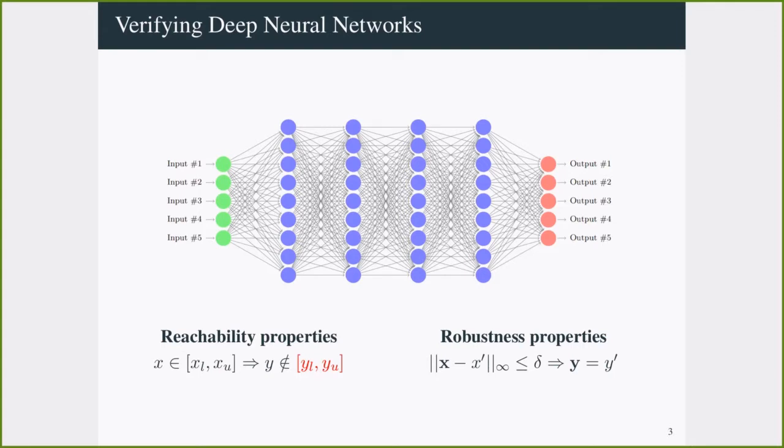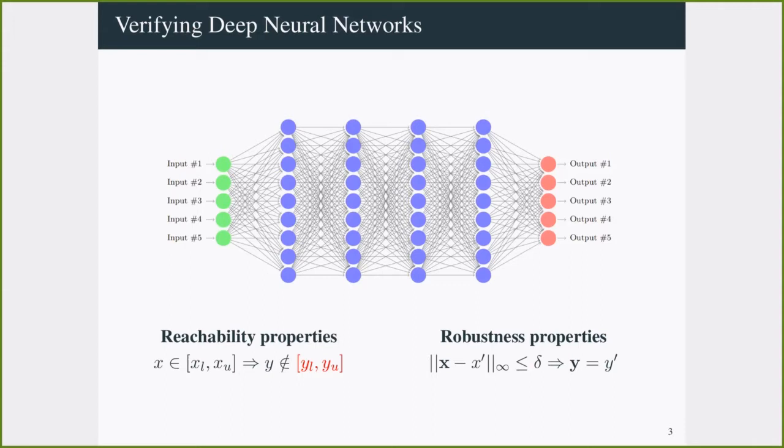As shown on the right, a robustness property says that given a fixed input-output pair, denoted by bold X and Y on the slide, all inputs within the delta distance will result in the same label. Inputs that violate this property are known as adversarial inputs.